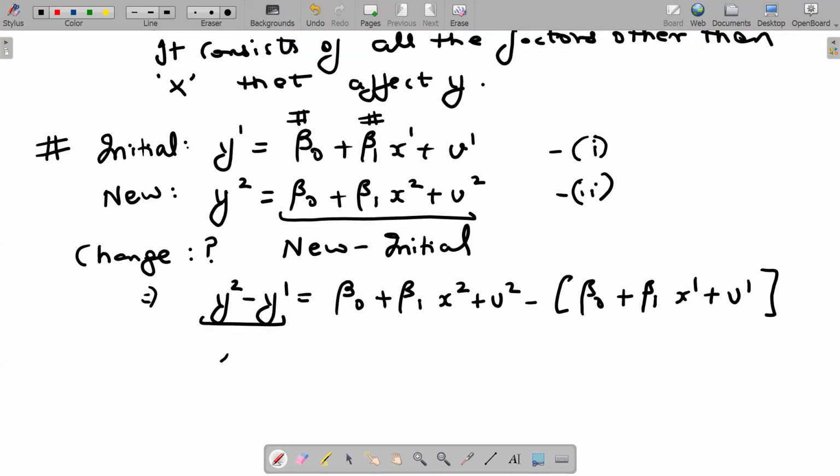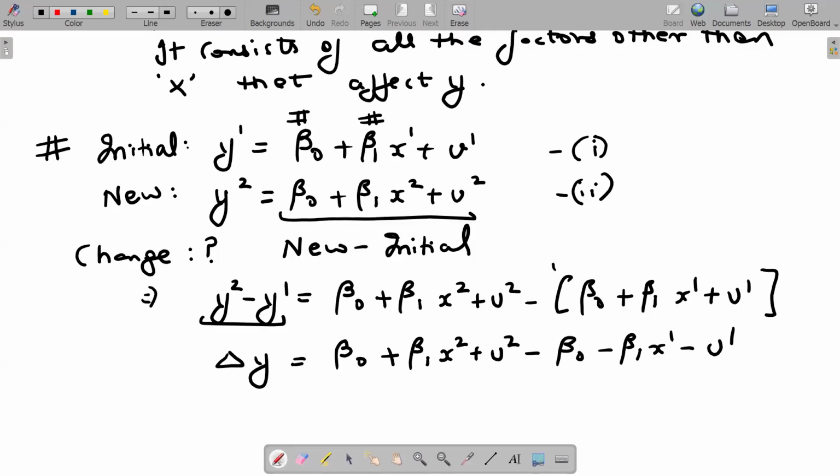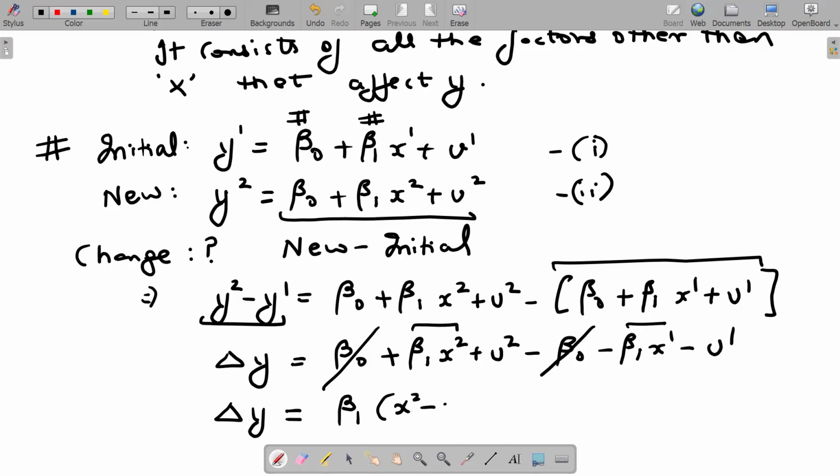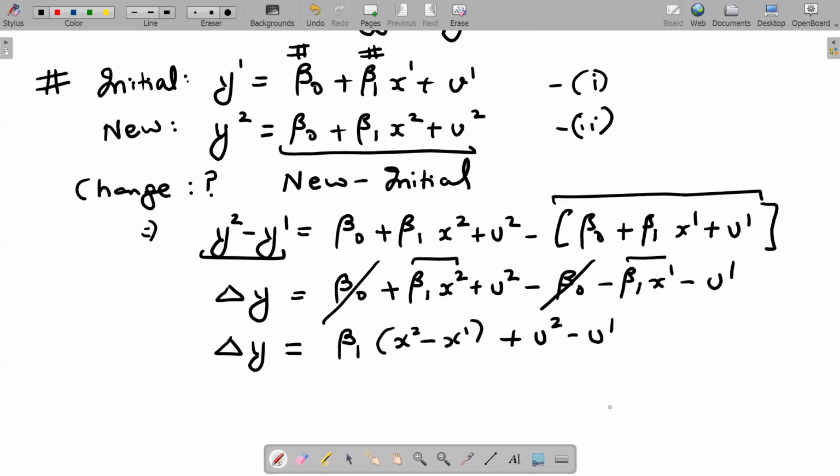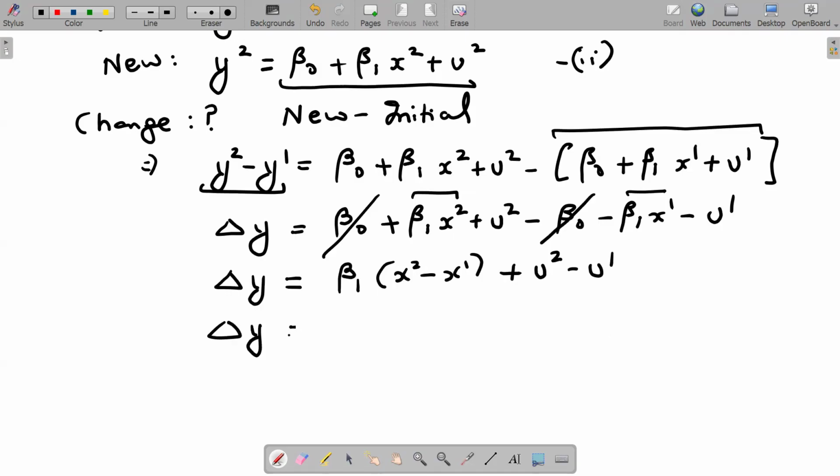Now y2 minus y1 I can call change in y, is equal to beta naught plus beta 1 x2 plus u2 minus beta naught minus beta 1 x1 minus u1. I just opened up the brackets. Beta naught minus beta naught cancels out. I can just take the beta 1 terms together. So beta 1 times x2 minus x1 plus u2 minus u1. So this I can write as delta y is equal to beta 1 times delta x plus delta u.